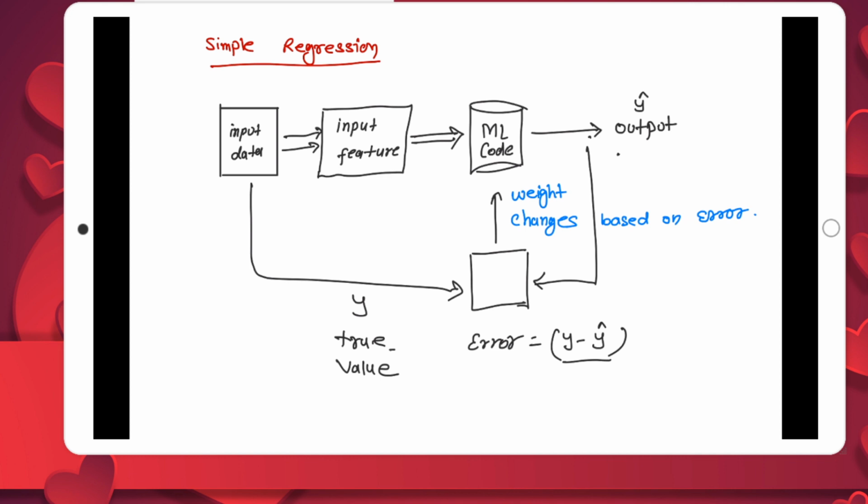Now let's go ahead and take it in the form of a graph and then see what happens. Alright, so there we have a simple linear regression model. And first of all, I'm going to take here house area as an input.